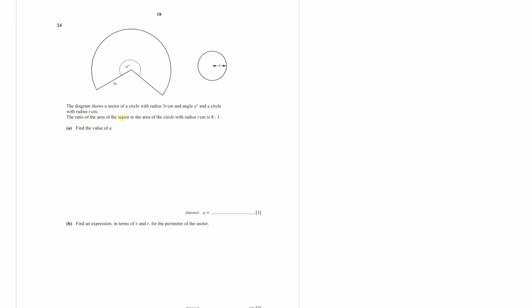So the ratio of the area of the sector to the area of the circle is 8:1. So it will be area of sector divided by area of circle equals 8 over 1.